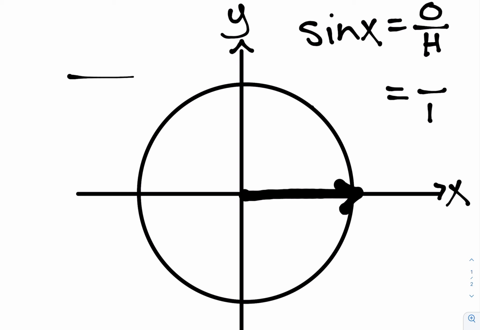Because if we start on the x-axis like this, typically we're going to move our terminal arm up, but it's just staying right on this line. So it's not going up or down by anything. So our opposite side is just going to be 0. So when x is 0, the sine of 0 is going to be 0 over 1, which is 0. So the sine of 0, in other words, is just 0.